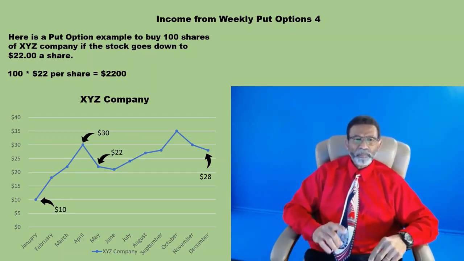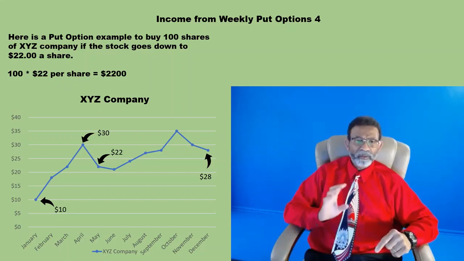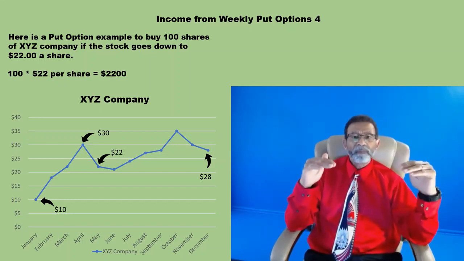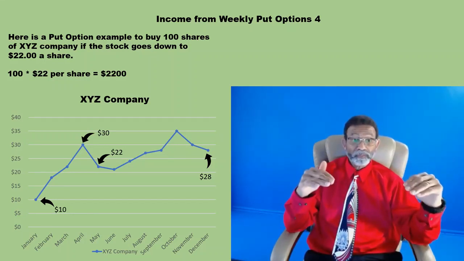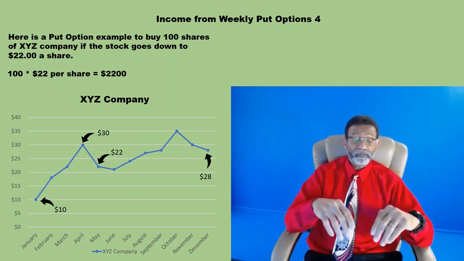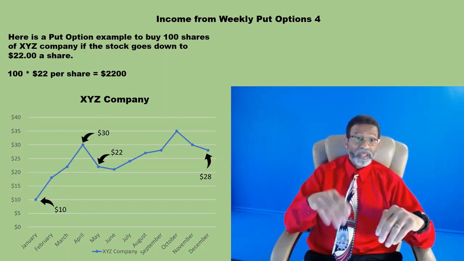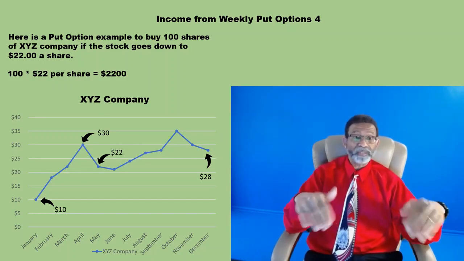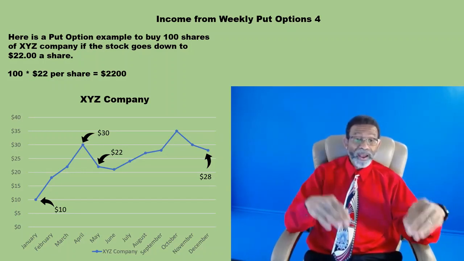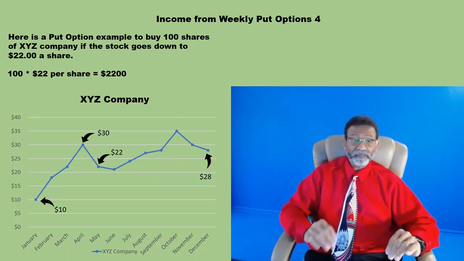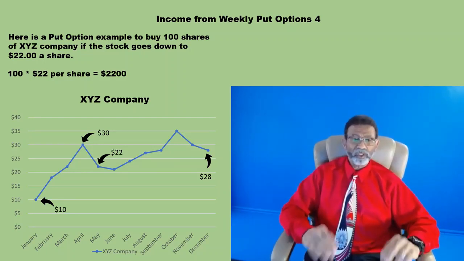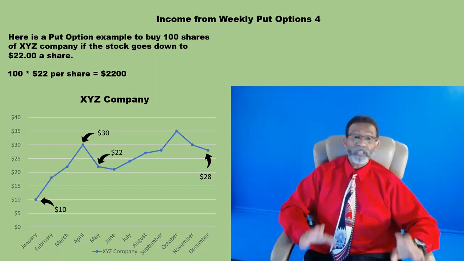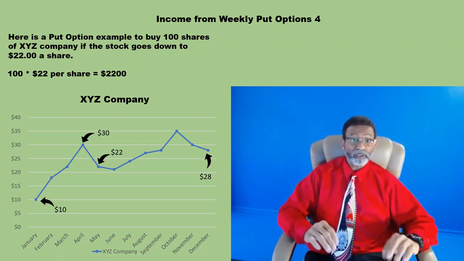Now, here's a put option example where if you sold the $22 put option, if that goes down to $22 or beyond within that period of time, you will buy 100 shares of that stock at $22 a share. And that's where you see the 100 times 22 equals $2,200.